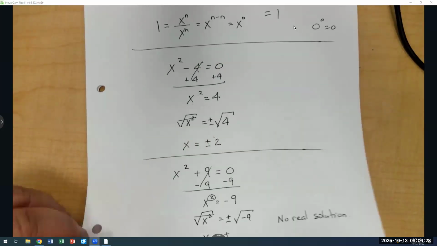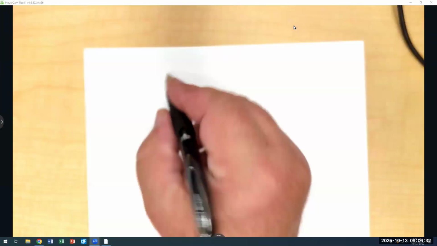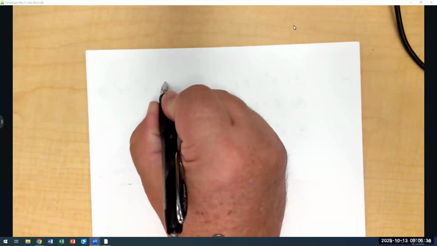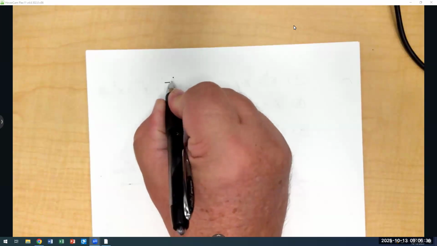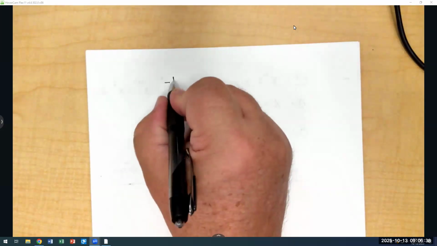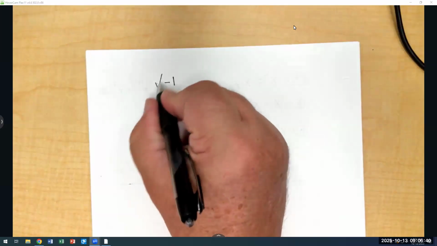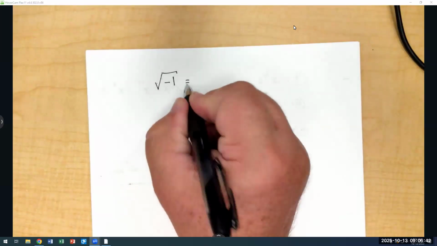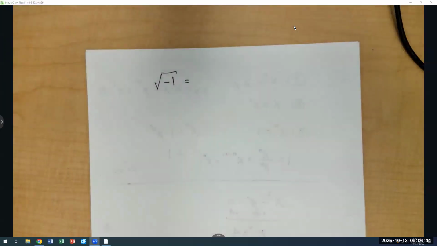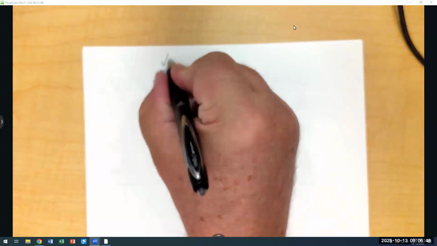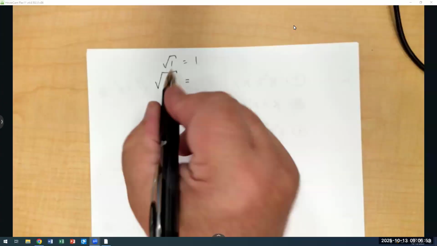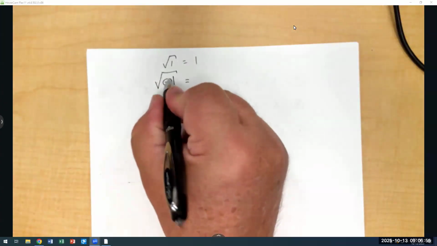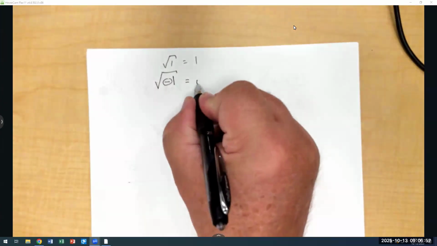So let's see what it is. There's a concept: the square root of negative 1. Because we know the square root of 1 is 1. But because there's a negative inside the square root, it doesn't exist.